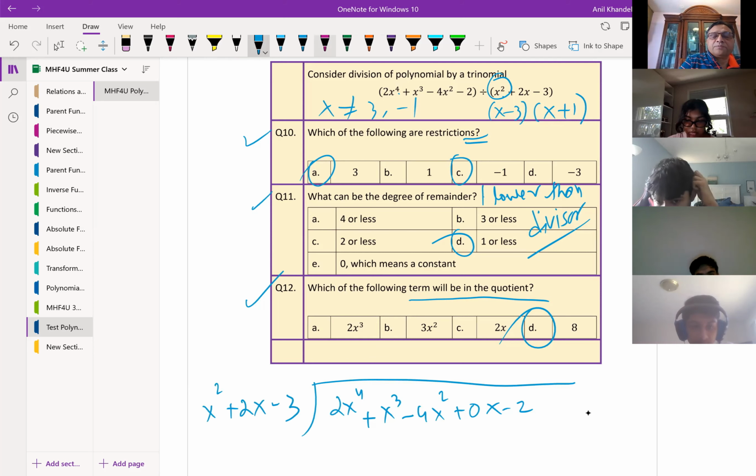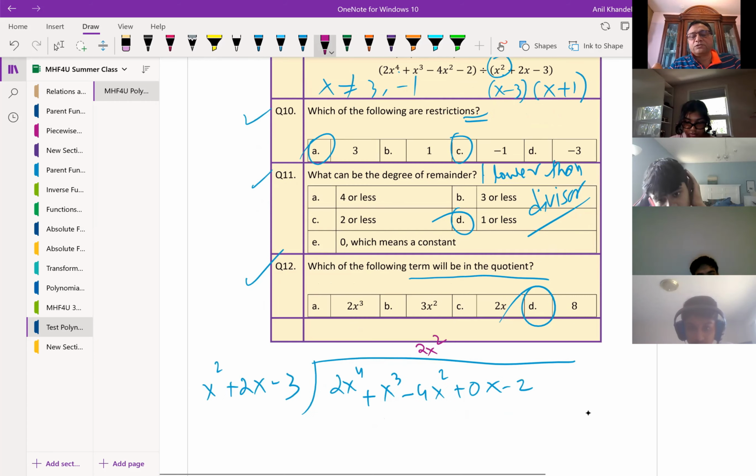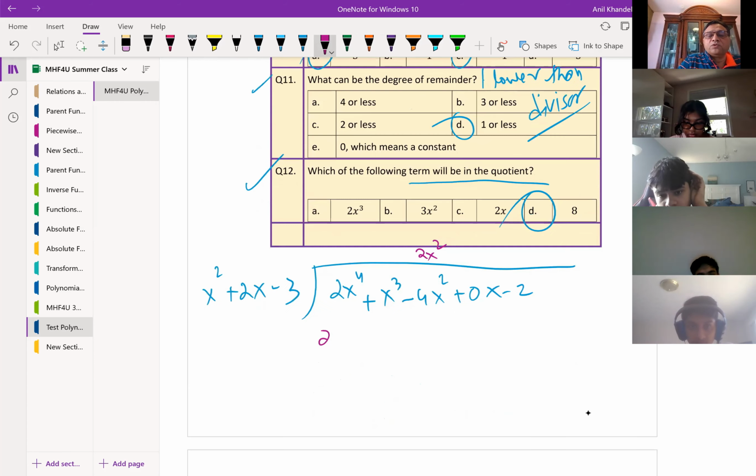So the first term will be 2x square, right? I should write at this place because I'm involving 3 of them. So I'll write here 2x squared. So when I do 2x squared, what do I get? 2x to the power of 4 plus 2 times 2, 4x cubed minus 6x squared, right?